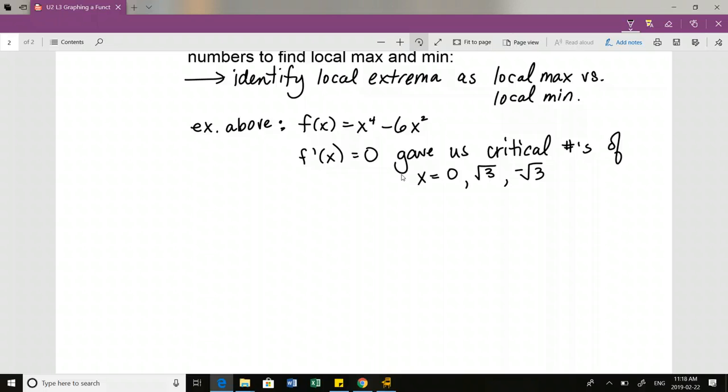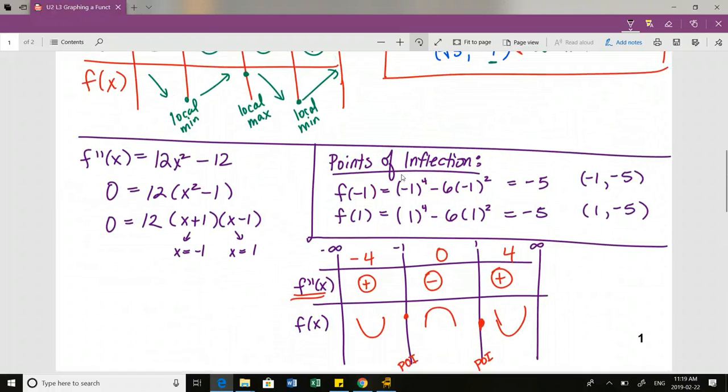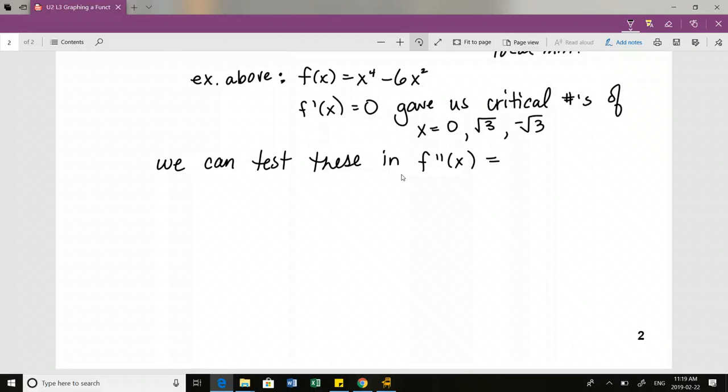Now when I find the second derivative, which we did above already, we can test the second derivative just to really quickly decide if we have local mins or local maxes. So we will test these in f prime prime of x, which we know was 12x squared minus 12. This is the really quick test that we can do. We didn't do this above, but this is an alternative to creating the charts to find whether it's local max or local min.